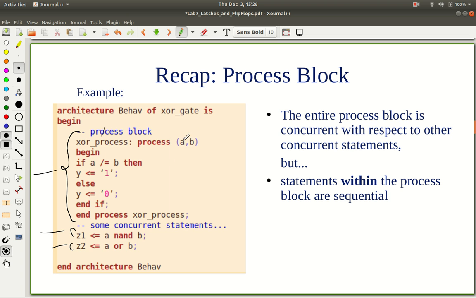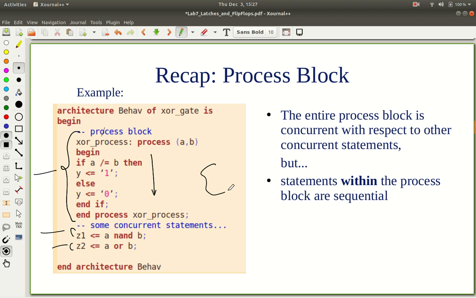So whenever, let's say in this example, the value of A or B changes, this process block is triggered and the statements inside it are executed in a sequential manner, one after the other. And when it reaches the end, and this is instantaneous, like there is no delay that elapses, these statements are executed in instantaneous time to compute the final values that this process block should update.